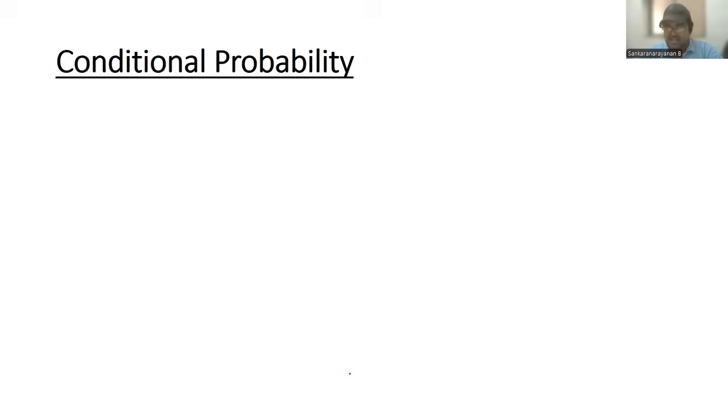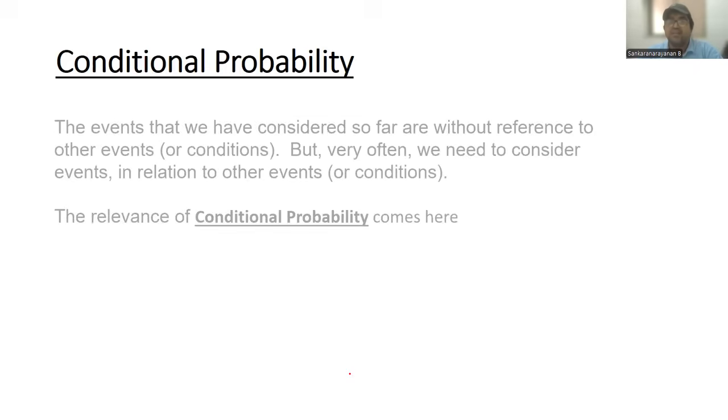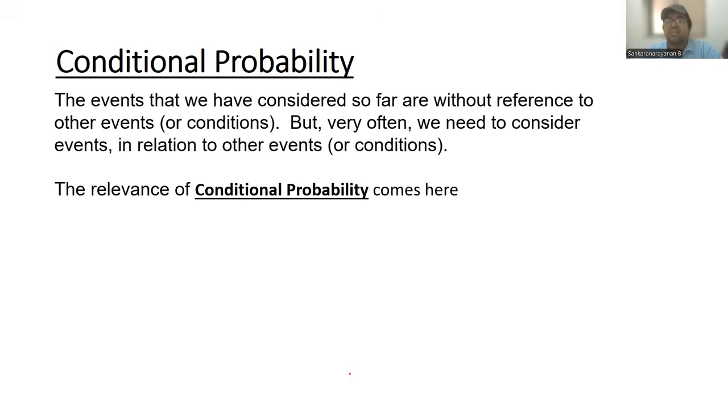Now the next one, conditional probability. The events that we have considered so far are without reference to other events or any other conditions. You are simply tossing a coin or doing an experiment just like that. But very often, we may have to consider certain events which are based on some conditions, in relation to the occurrence of other events.